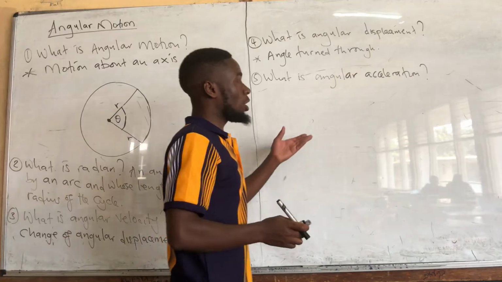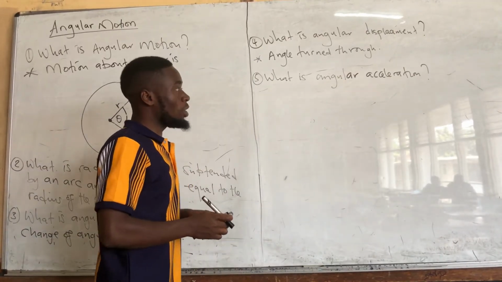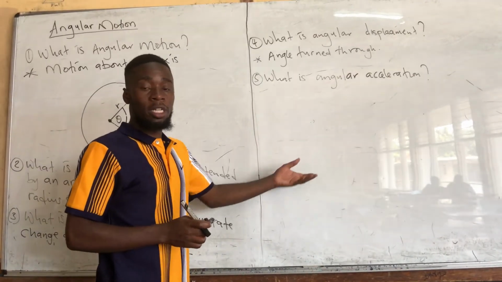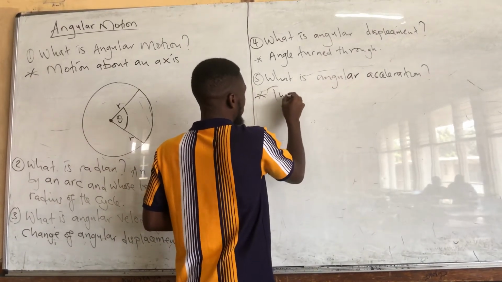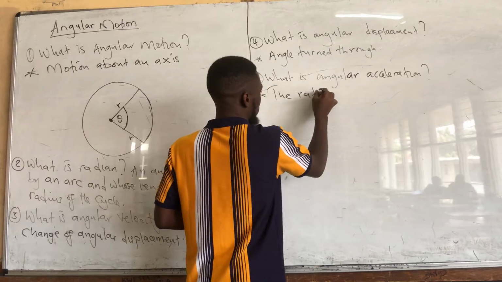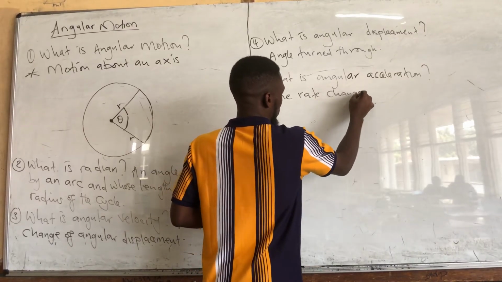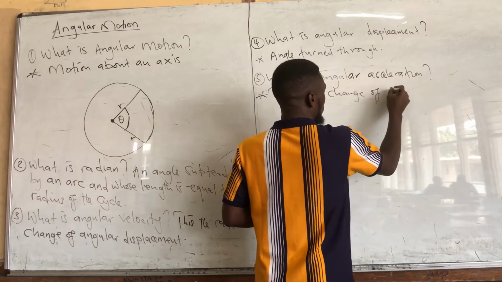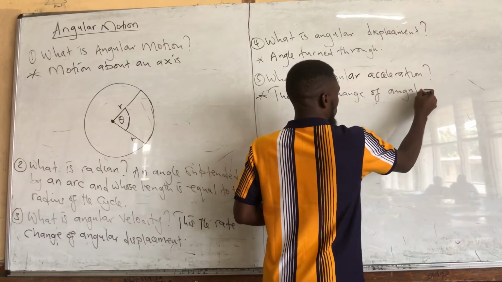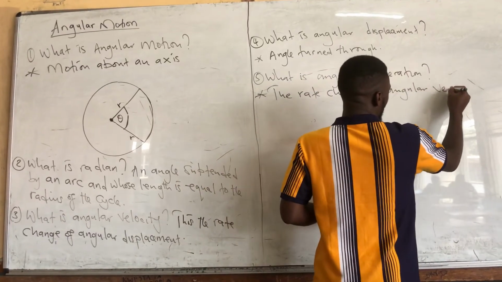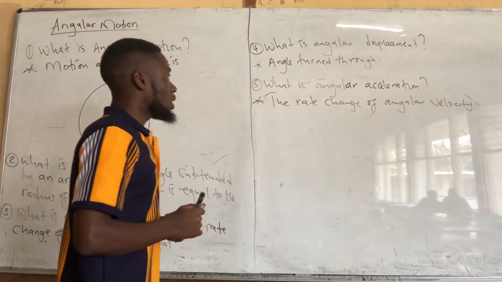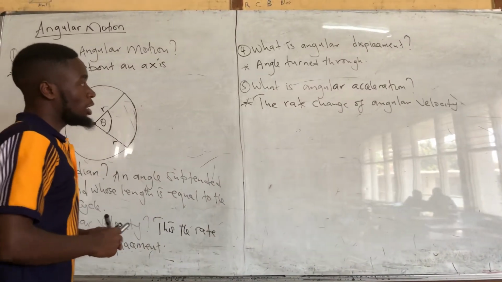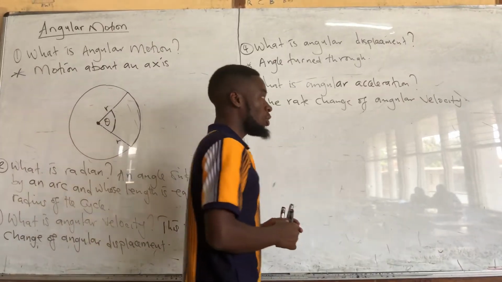But here, because we're talking about angular motion, so this angular acceleration is just the rate change of angular velocity. Okay. So angular acceleration is just the rate change of angular velocity here.